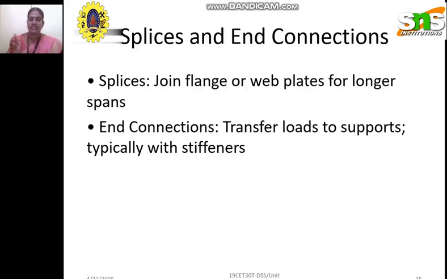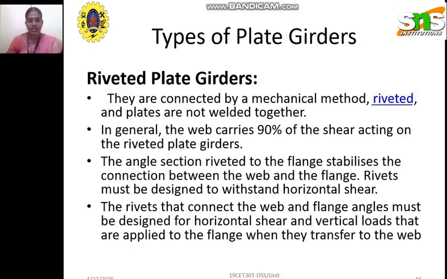Mostly the splice plate will be provided on the flanges and also the web plate. So it will transfer the loads to the support.